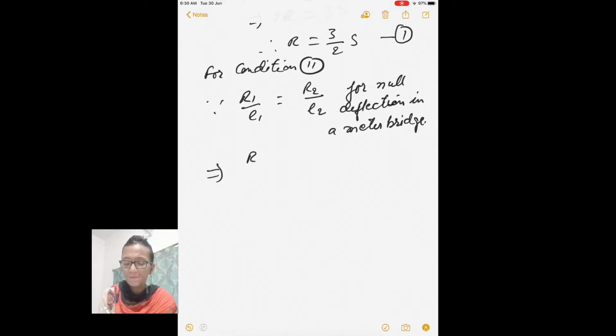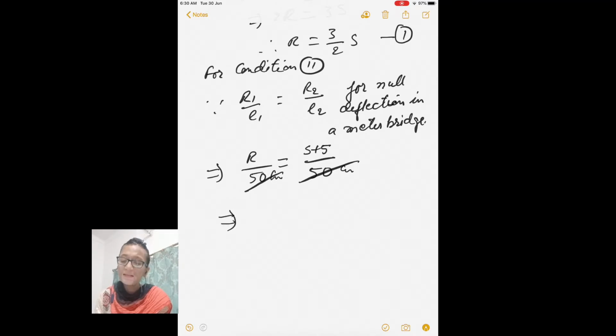R1 is the same R, L1 is changed. Now this L1 has become 50. R2 is S plus 5 and L2 again is 50 centimeter. So cancel these lengths.